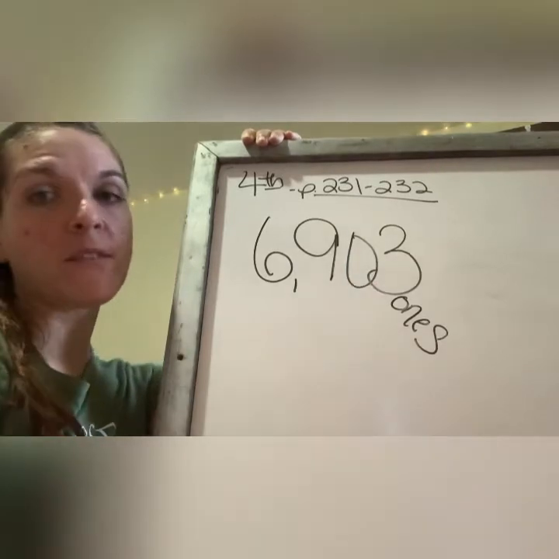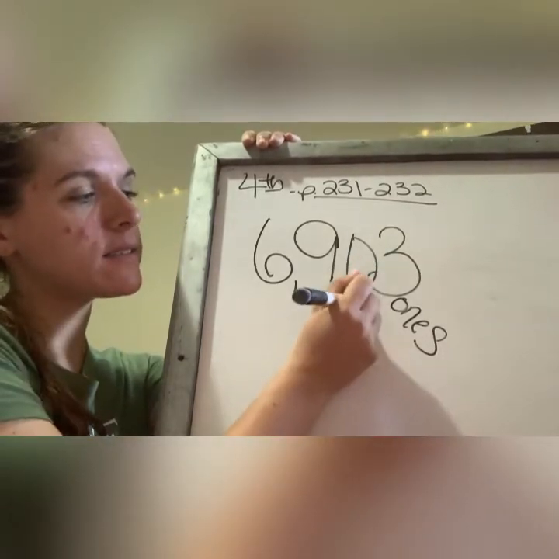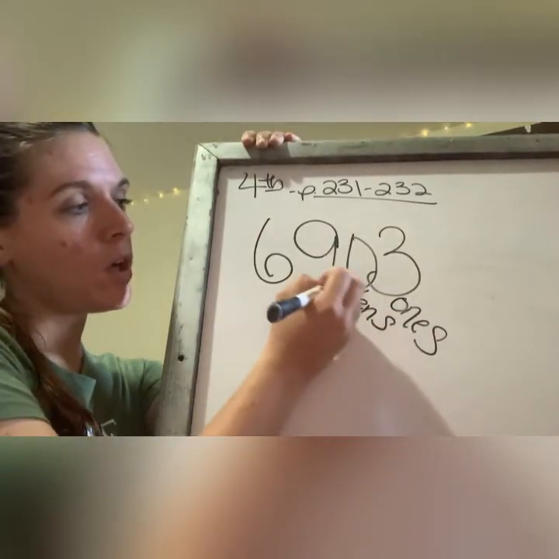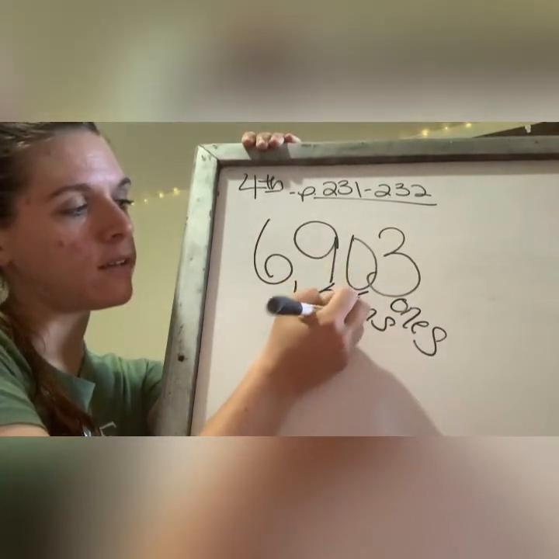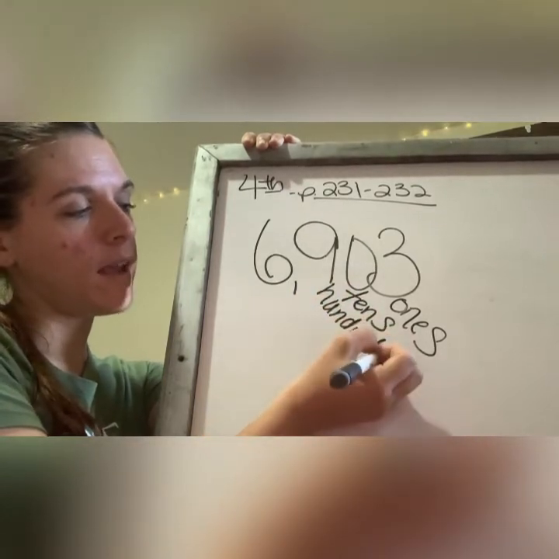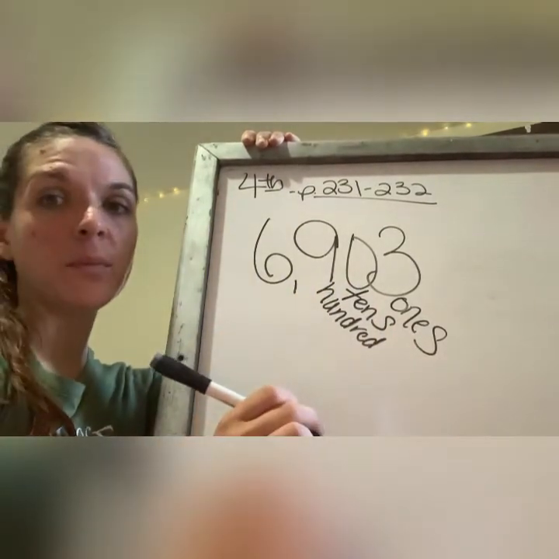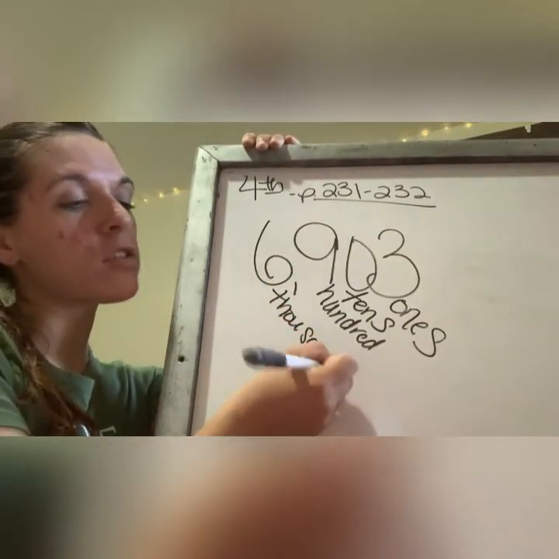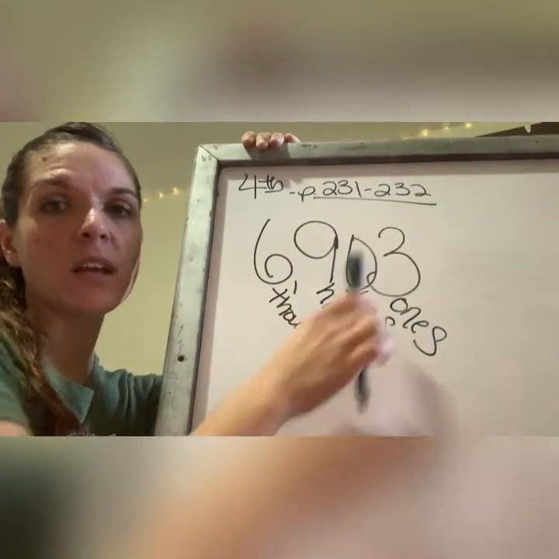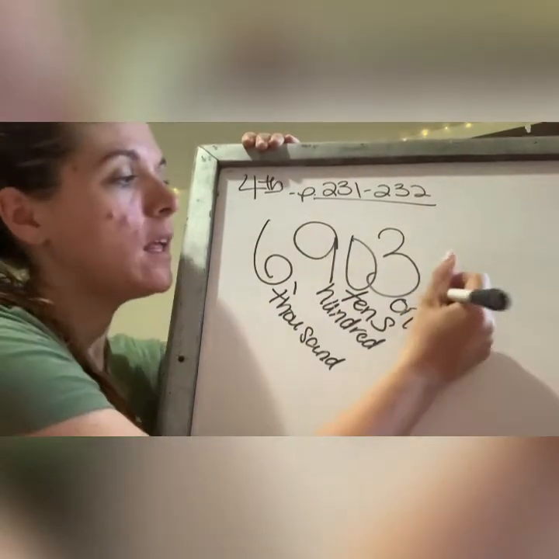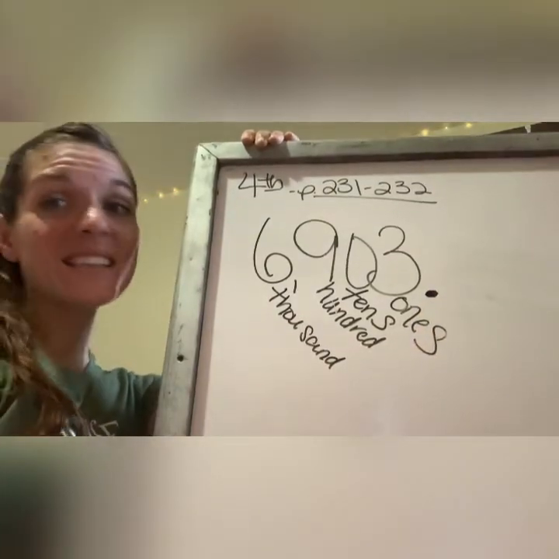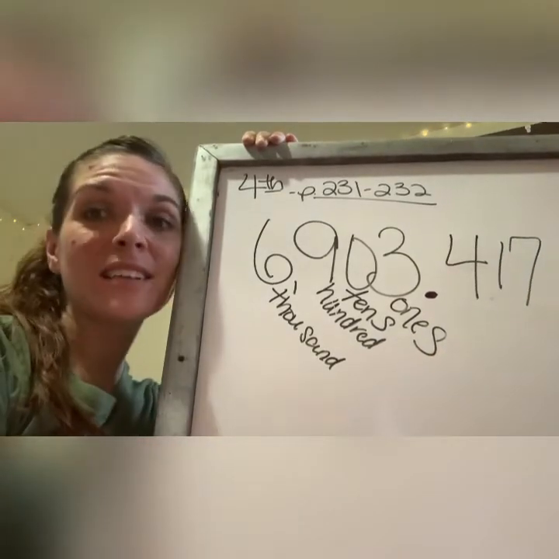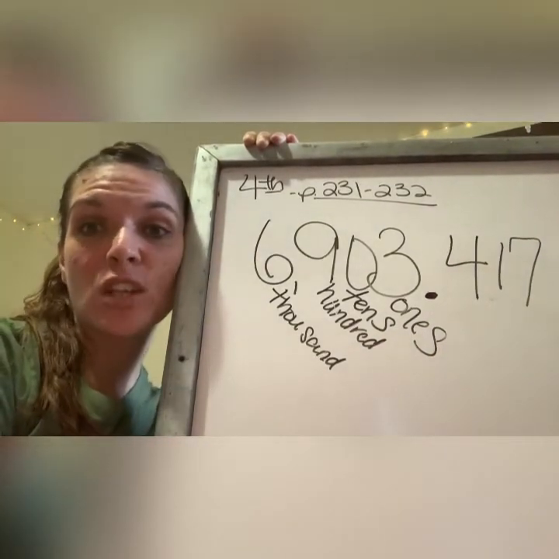The place of this, what's that, Fernanda? Tens. The place of this, what's that, Scarlett? 100. Right? And the place of this, what is that, Keanu? 1,000. Right? That doesn't change. 6,903. If you put this decimal point here, it still doesn't change. If you put these numbers here, it still doesn't change.